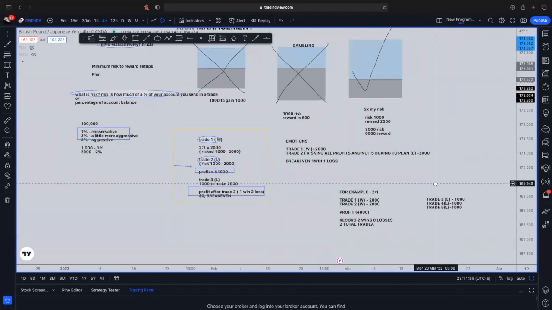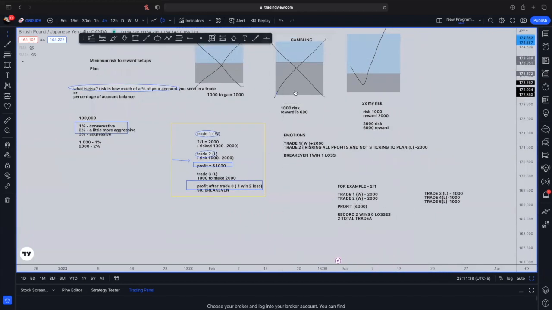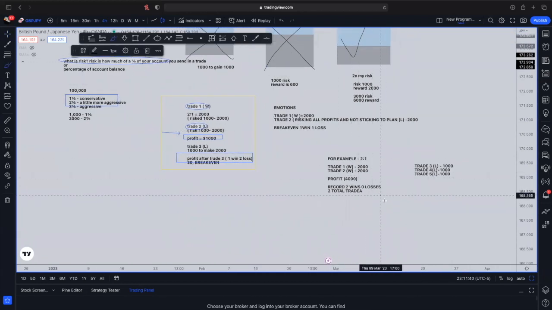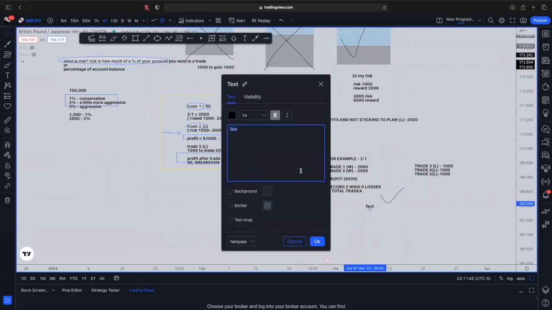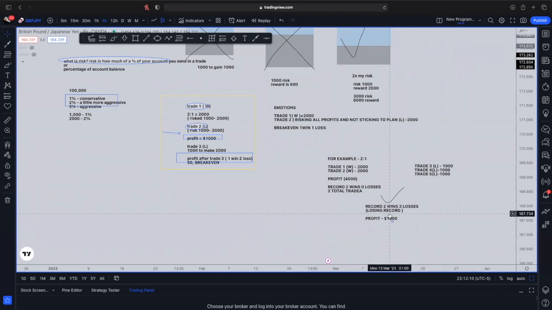Guess what, guys? Boom. Record: 2 wins, 3 losses. $1,000. Do you guys see that?